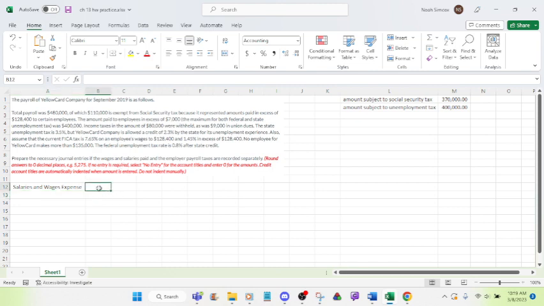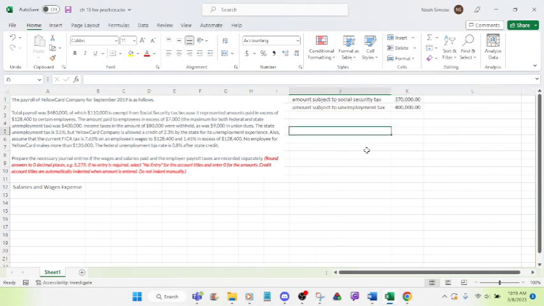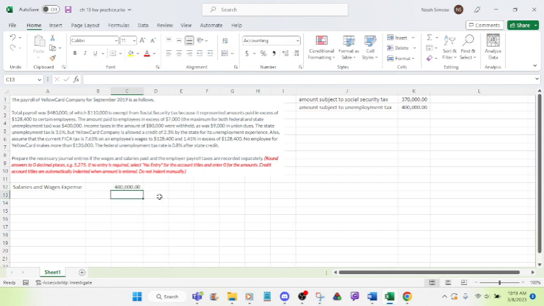The amount of cash they paid was simply the amount of cash paid to employees, which was their salaries and wages minus their taxes.